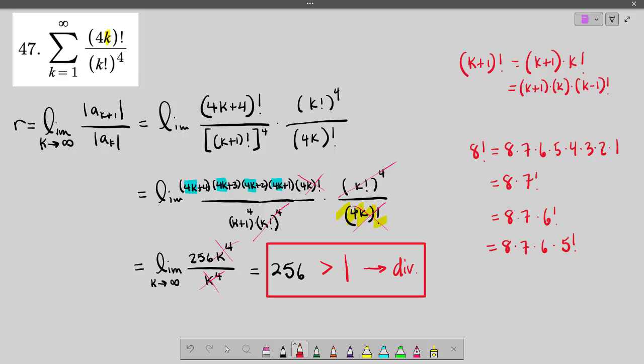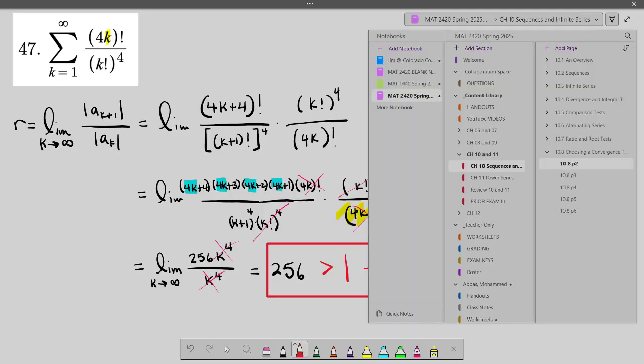Or the numerator is going to infinity so much faster than the denominator, I expect divergence. This one's not quite as obvious because these are not expressions we're used to dealing with. But what it does say is that 4k quantity factorial goes to infinity faster than k factorial to the 4th. Not as intuitive as many of them.